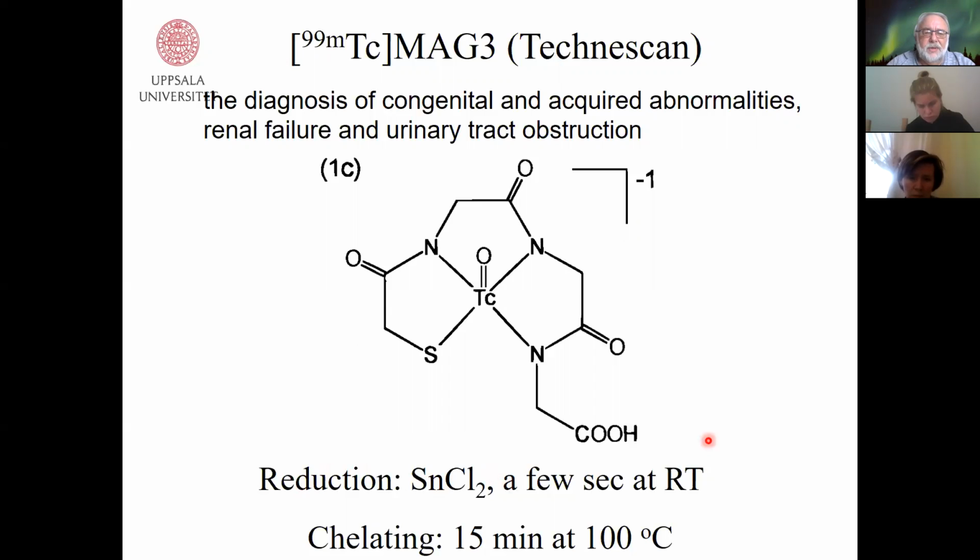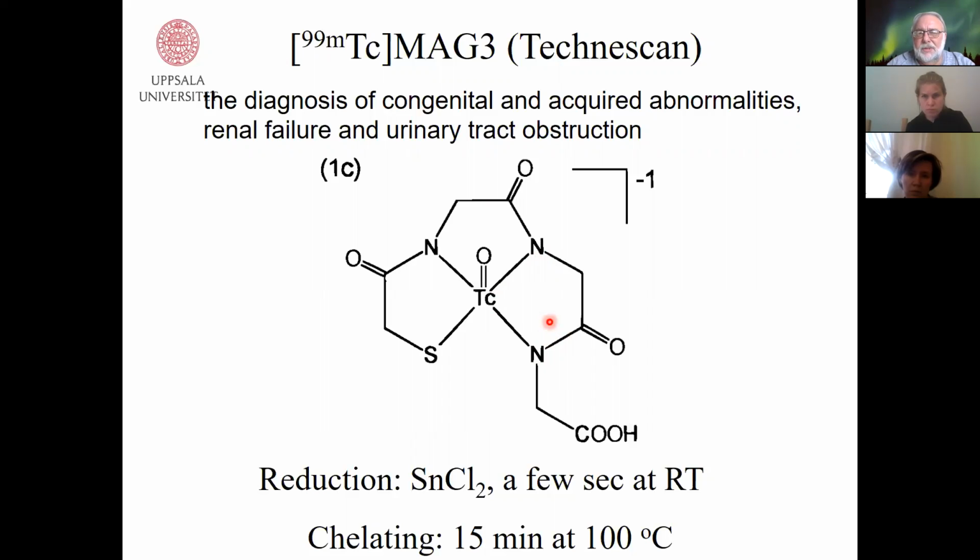Reduction of technetium takes a few seconds at room temperature. Chelating takes more time, and the reason is that we need to deprotonate amide nitrogens, and they do not deprotonate very well.